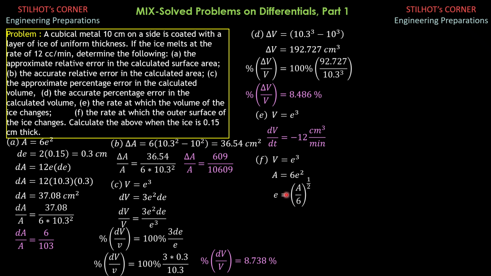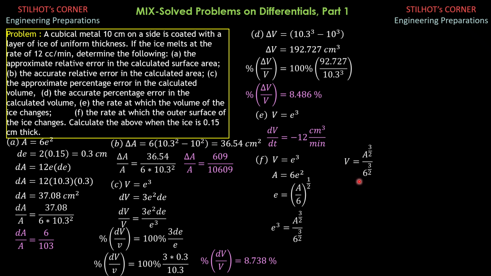If we cube E, we also cube the right side, so E cubed equals A to the 3/2 divided by 6 to the 3/2. We then replace E cubed by this volume in terms of area: volume equals A to the 3/2 over 6 to the 3/2.